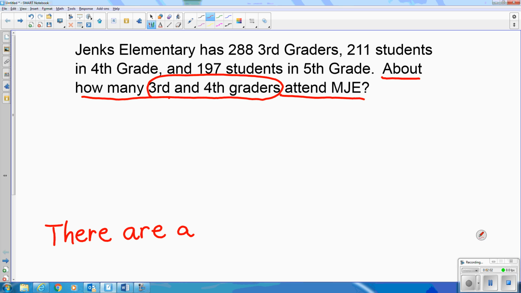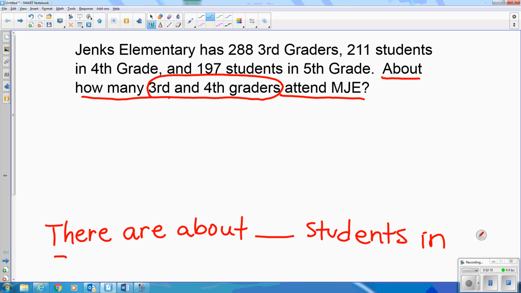There are about blank students in third and fourth grade. Good. What do y'all think about that one? Good answer? Good. We can tell he understands what's going on in the story. He pulled up that important information, third and fourth grade.